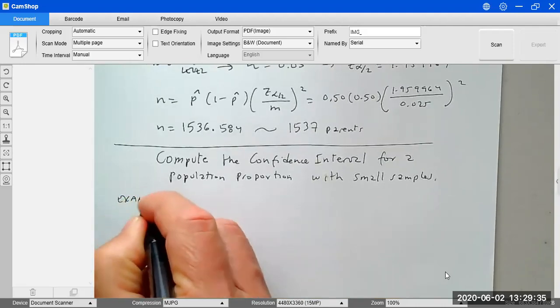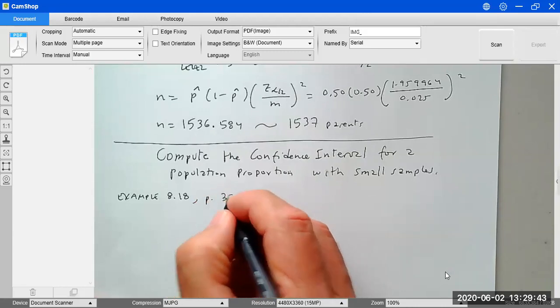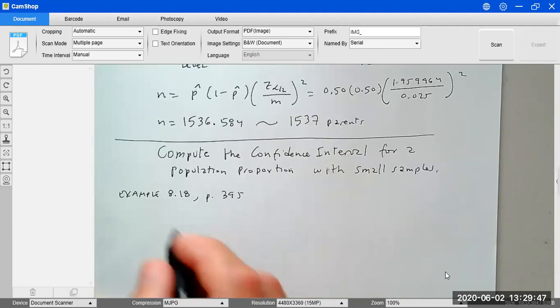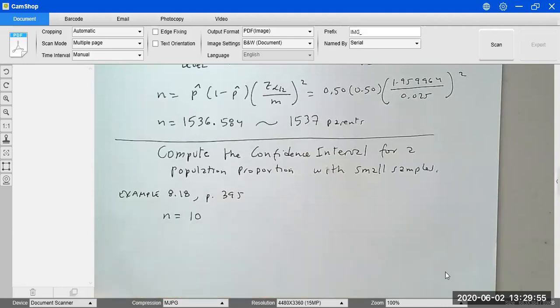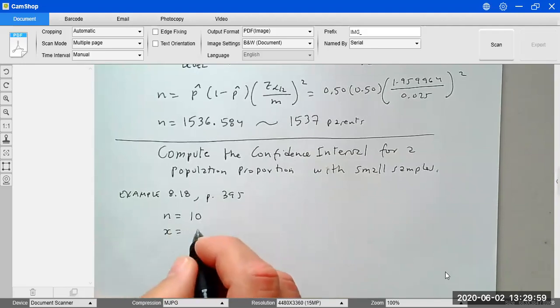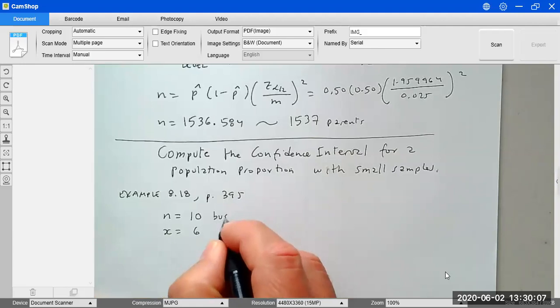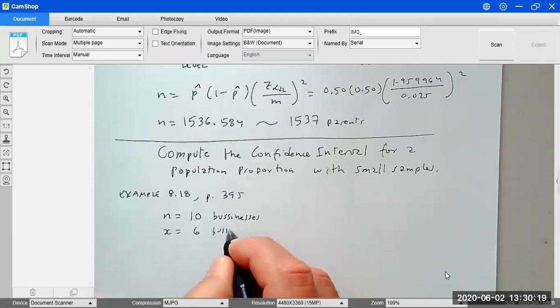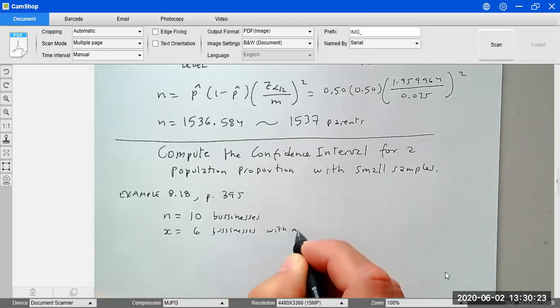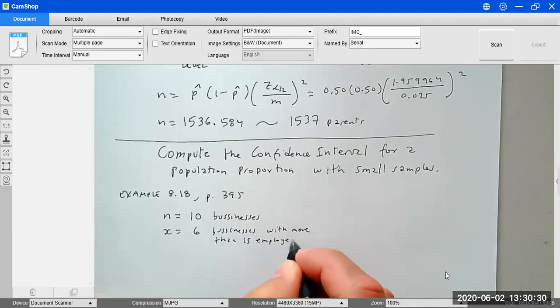Example 8.18 on page 395 is telling us that there is a sample size of 10 businesses, and out of these 10 businesses there are 6 businesses with more than 15 employees.